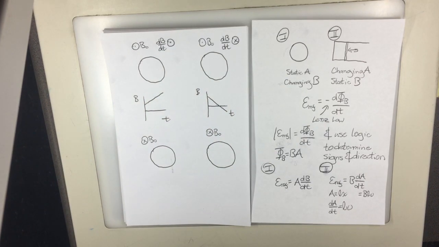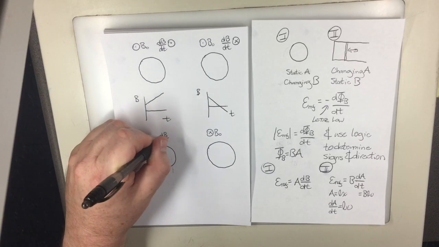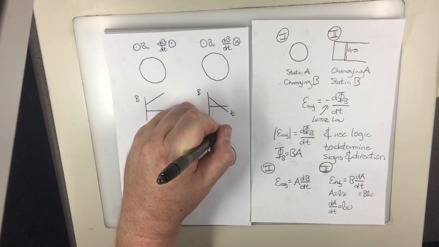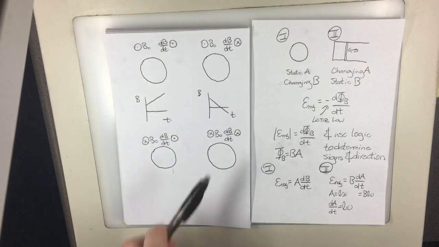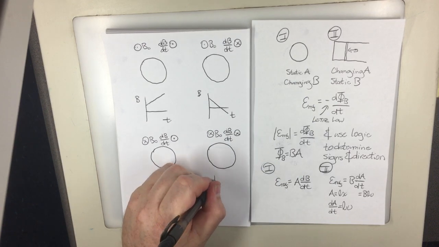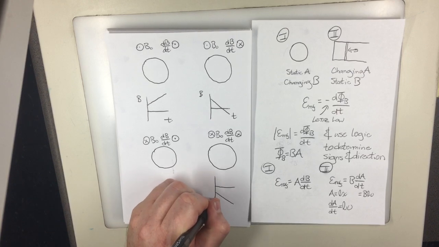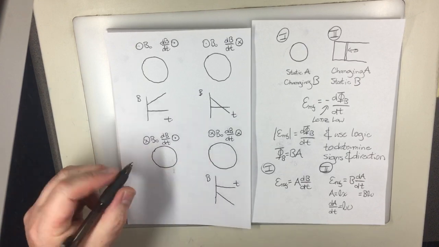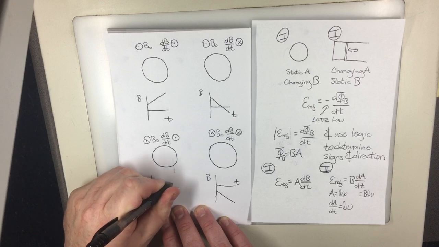Eventually it would reach 0 and then end up at a negative value. For these two, we'd have dB dt out, or dB dt in. This is a lot like that in the sense that it starts negative and continues to be negative. For this one, it starts negative and then becomes positive.